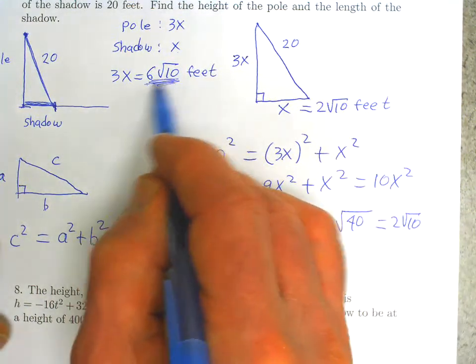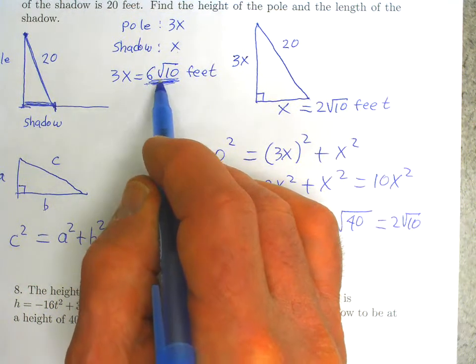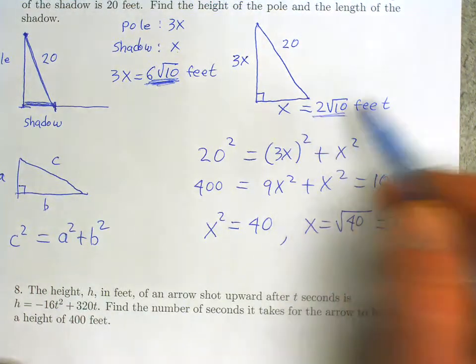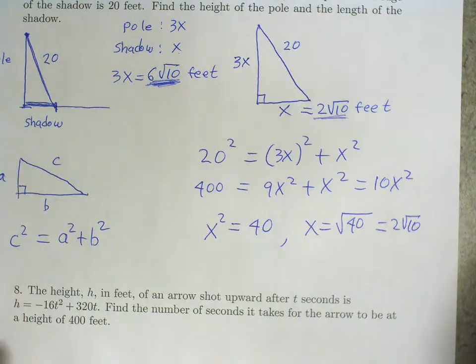So you can use a calculator to get a decimal approximation of 6 times the square root of 10 and also 2 times the square root of 10. Okay, we'll go ahead and move back to the one problem that I postponed.